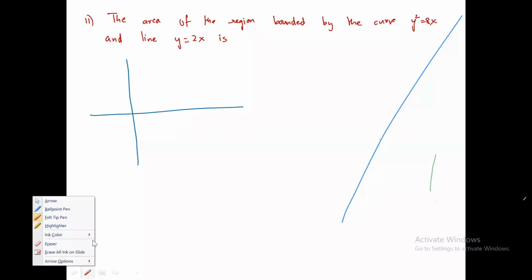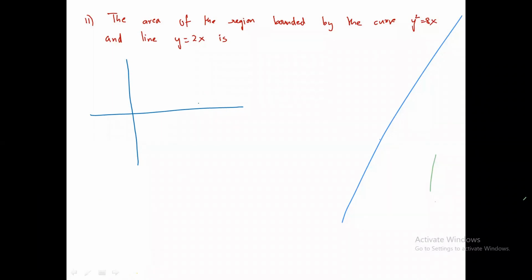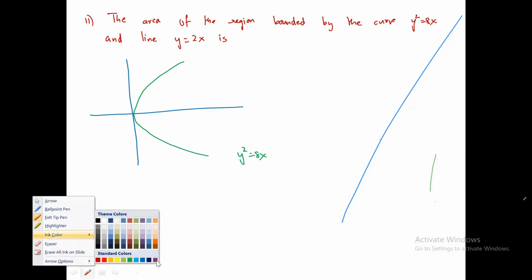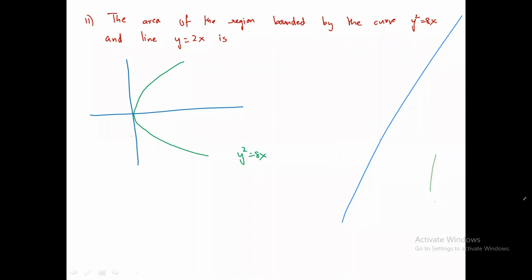Because you know already that y square equal to 8x is a parabola. It will be passing through origin. It will be something like this. A rough diagram we have to draw. Then y equal to 2x. You know that it is a straight line passing through origin.